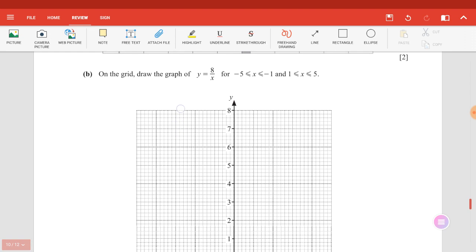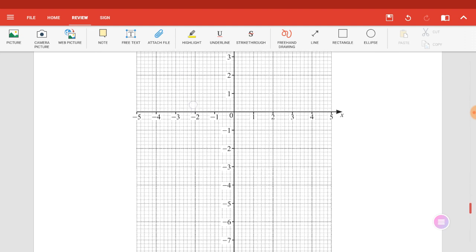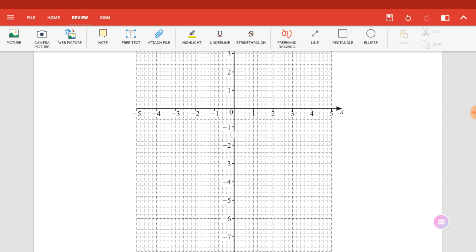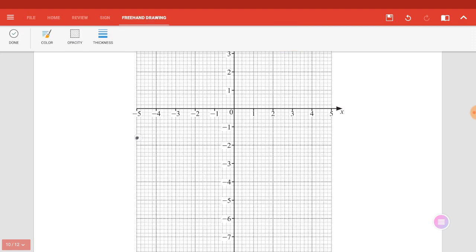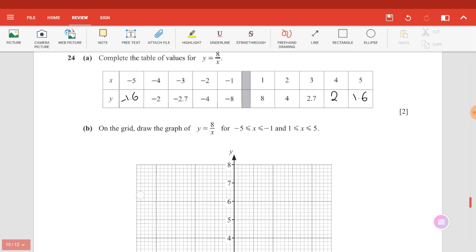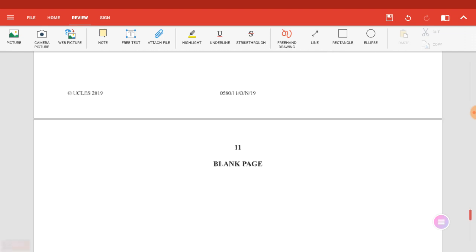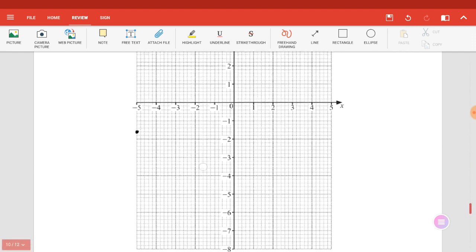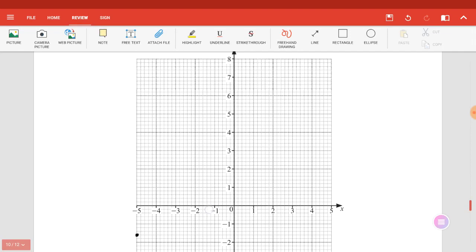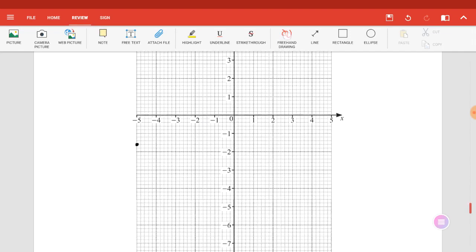Okay, negative 5 was negative 1.6, 1, 2, 3. So it's here, the first point. Negative 4 was negative 2.